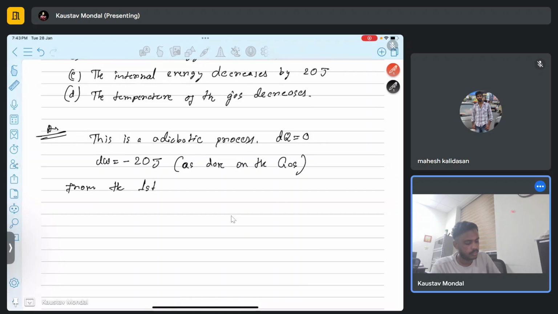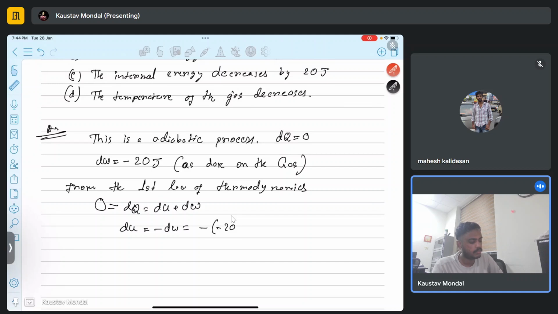Now from the first law of thermodynamics, we know dq equals du plus dw, and we are asked for the internal energy. dq is 0 anyway because it's an adiabatic process, so du equals minus dw, and minus of minus 20 joules is plus 20 joules.